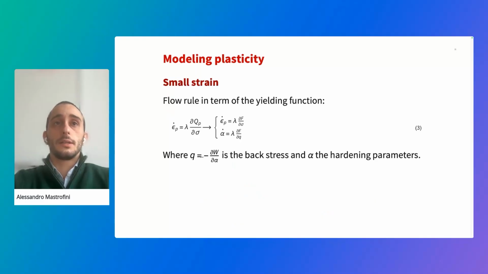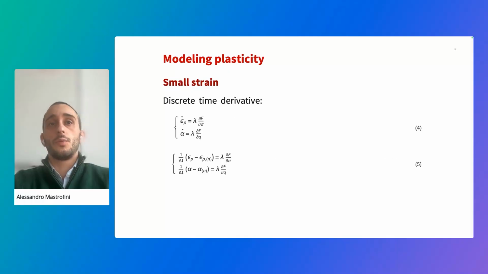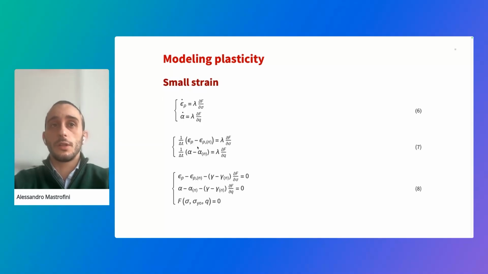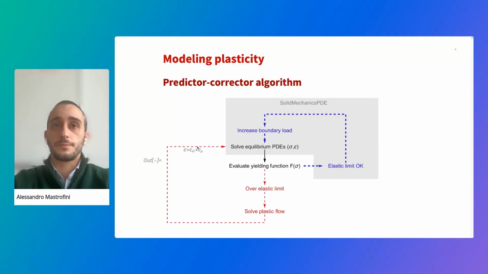This is an evolution in terms of the previous step. So since we have an iterative approach, we can express that as an algebraic system of equations, and we can solve it for each elastoplastic step to obtain the optimal values of the plastic strain.